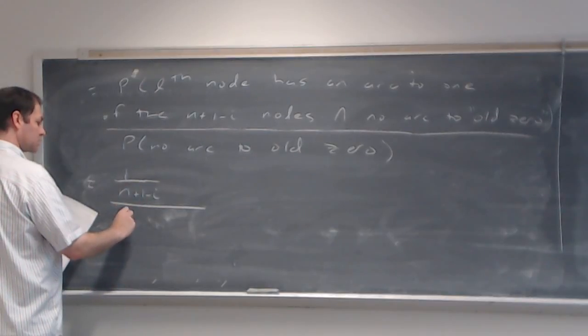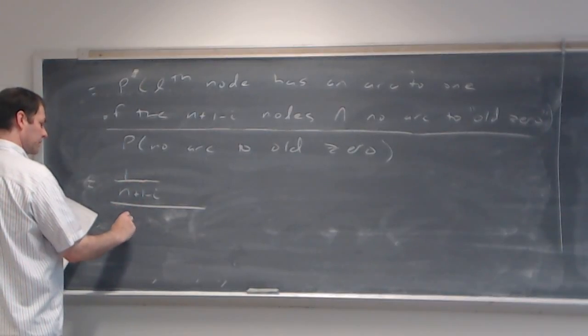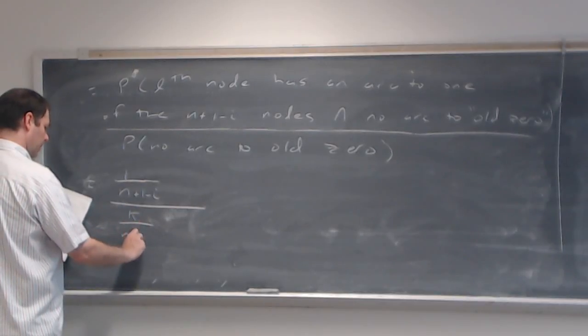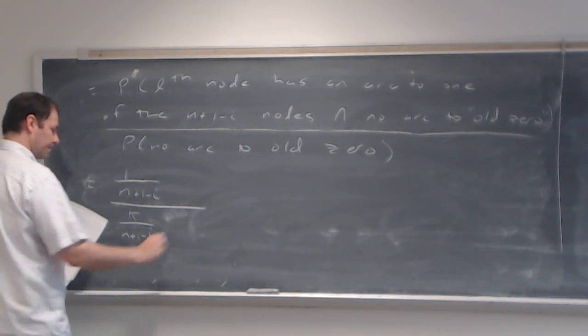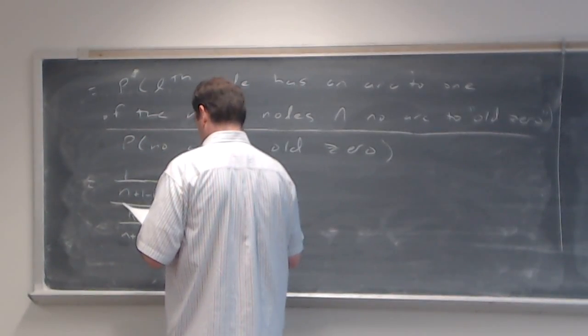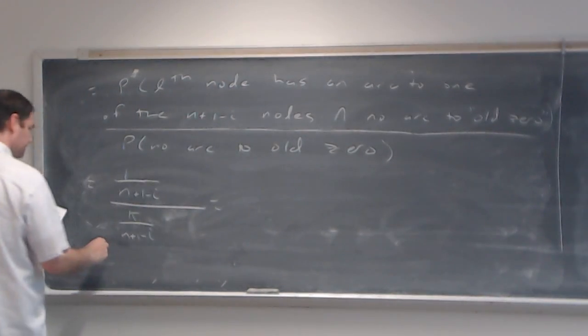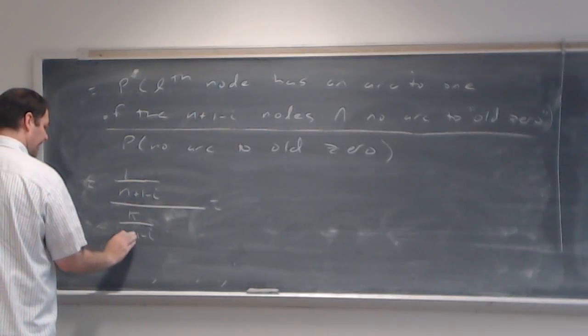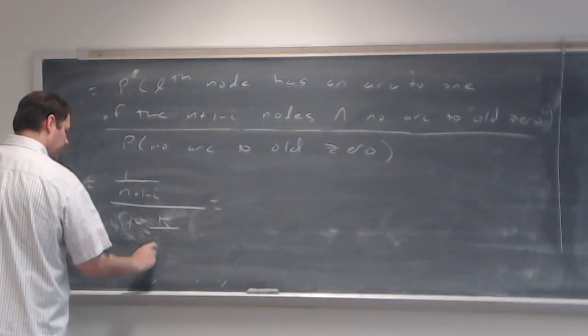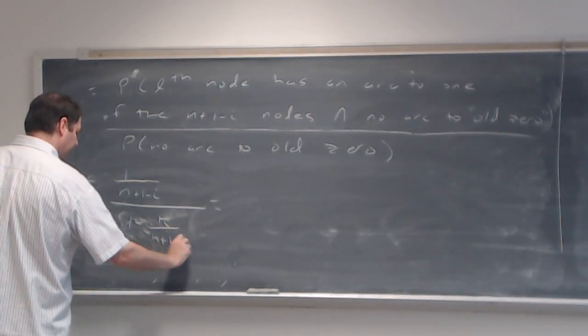And no arc to the old 0, that there were k of them there. No, it's 1 minus that. That was the chance of getting yes to one of the old zeros.